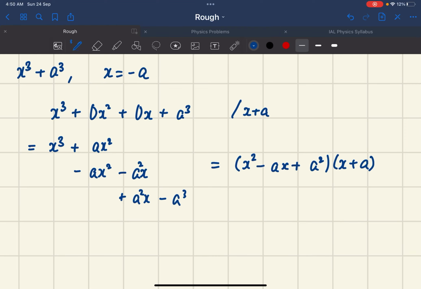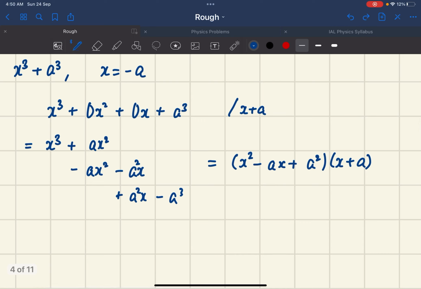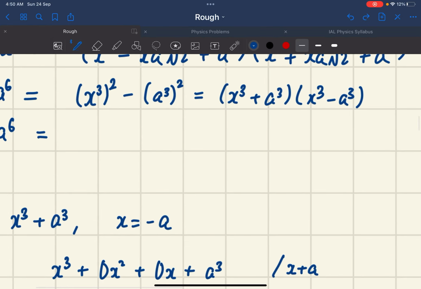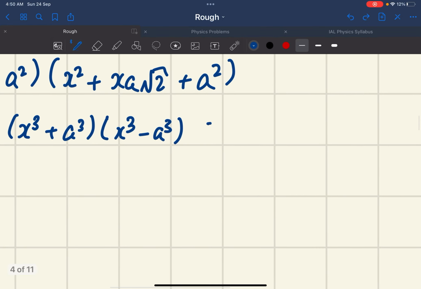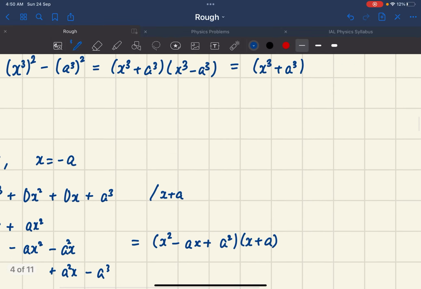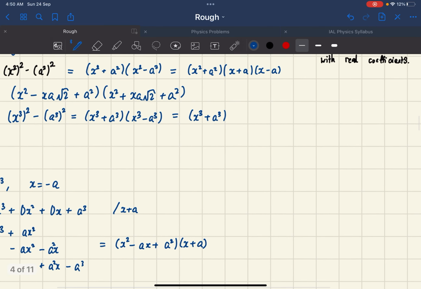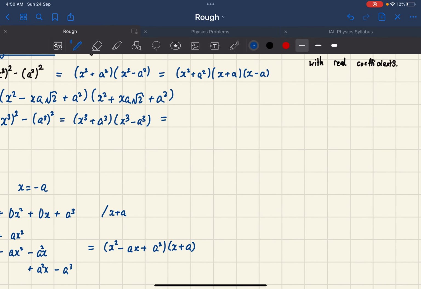There we go. This one we cannot factorize anymore because we will get complex coefficients. Sorry, this is a. So this factor becomes like this. Ta-da. And how about the second factor?